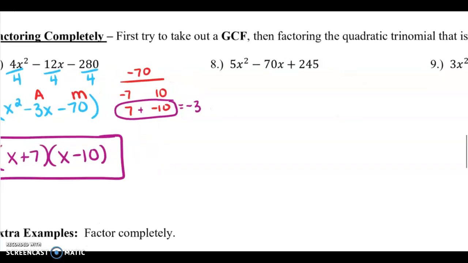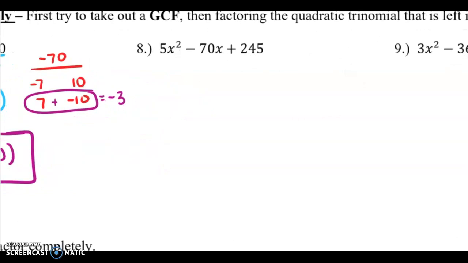All right, next one, we can divide them all by 5. So if I go through the process of dividing all of these by 5, I'm going to get a 5 on the outside, x squared minus 14x, and then 245 divided by 5 is going to give me 49, so plus 49. So going back to add, multiply: add to -14, multiply to 49.